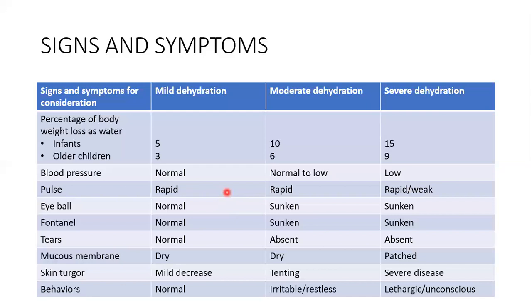So the heart is going to be beating very fast in order to supply the rest of the body with blood. Because the blood volume has decreased, it's going to increase its workload so that it can compensate for the low blood volume.